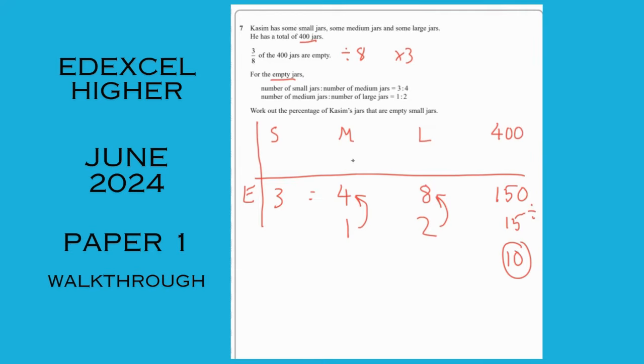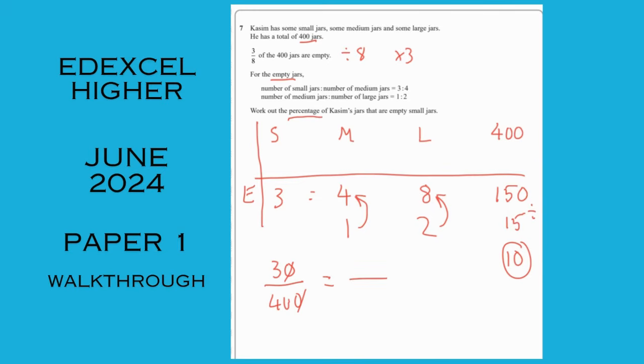So the small empty jars are worth 30 out of the 400 jars we originally had at the beginning. Knock off a 0. Now it wants the answer as a percentage.